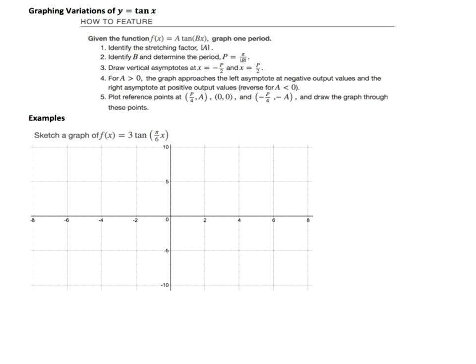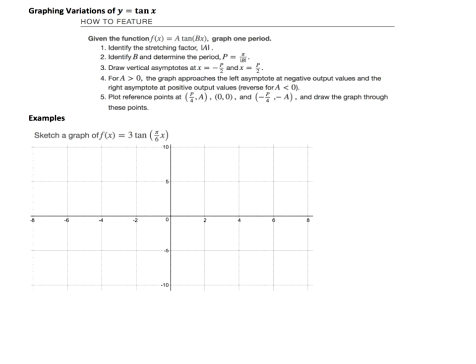Now starting to work with transforming these tangent functions. Okay, so we're given the instructions. If you're given a tangent function in the form of a times tangent of bx, so we're just talking about multiplying by a stretch factor in my vertical direction and in my horizontal direction.